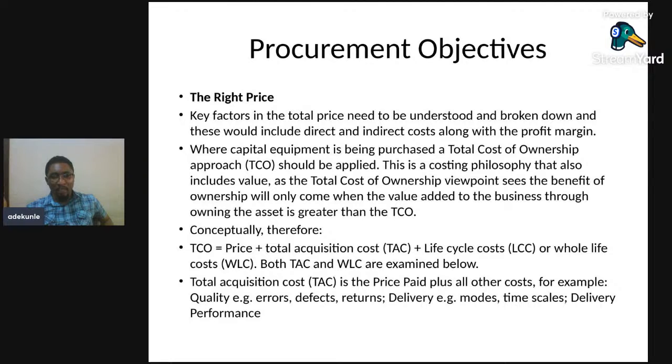So, in this concept, for you to understand the right price, the total cost of ownership is seen to be right where price is added to the total cost of acquisition and also to the life cycle cost, or whole life cycle cost, to give you the total cost of ownership.